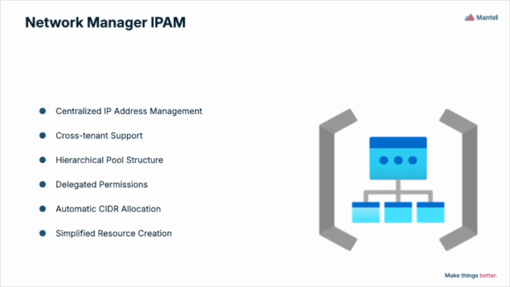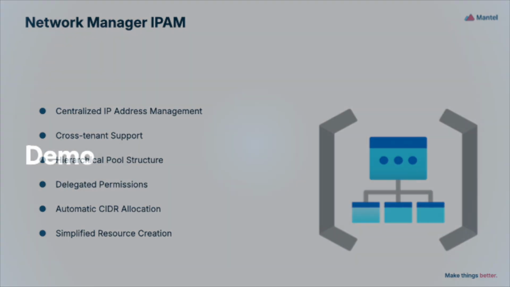And then if you need to change that, you update that number, IPAM will go and change the spaces associated. And what that means is it makes it so much easier to create your VNets, because you don't have to think about it from there. So enough talking. Let's jump in and have a look at what this looks like.